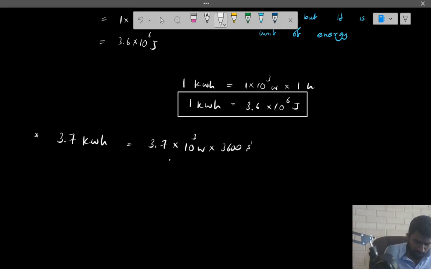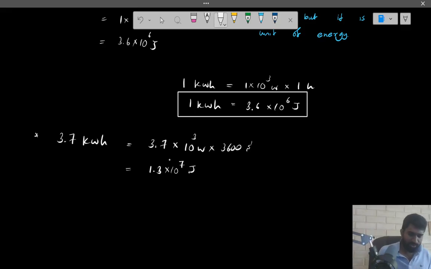Then when you simplify this one, 3.7 times 10 to the power 3 times 3600, I'll get this number: 1.3 times 10 to the power 7 joules.